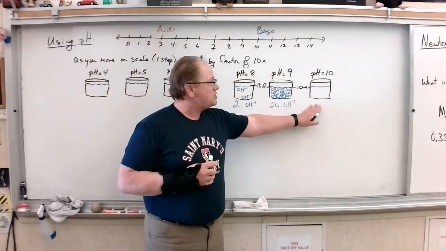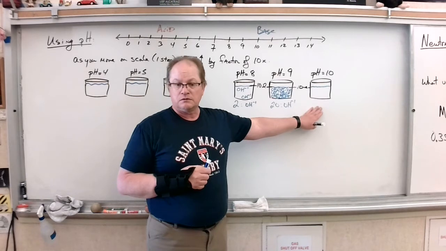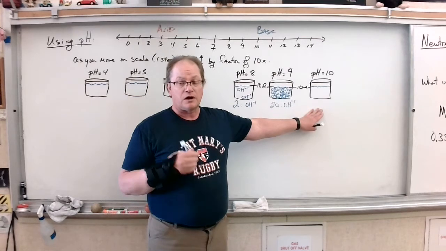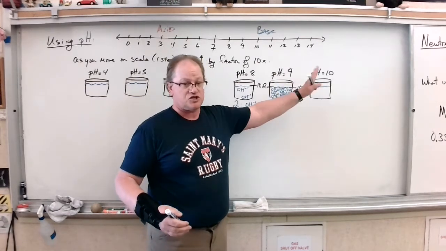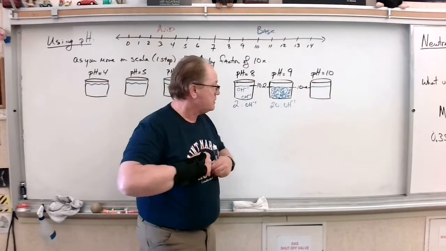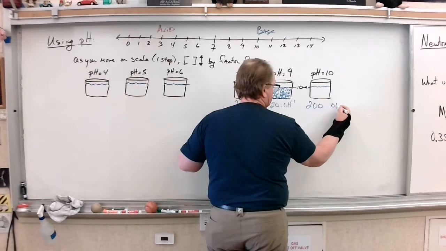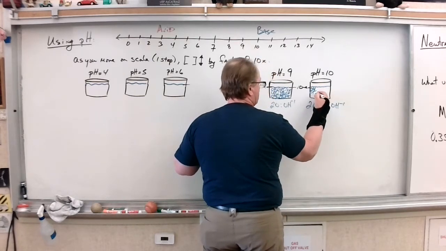Okay, so what would a pH 10 look like? It would be even more concentrated. How much more concentrated? 10 times more concentrated. Each step is a factor of 10, right? So there are now 200 hydroxide ions in here. It's going to be really crammed in here.